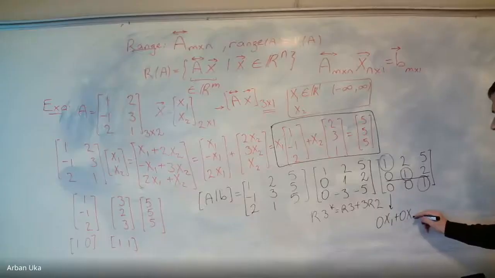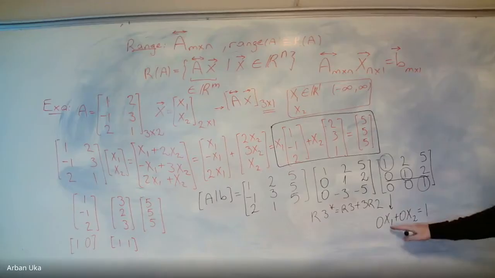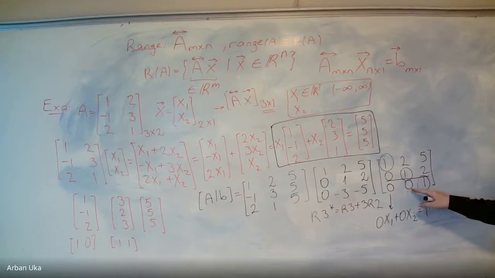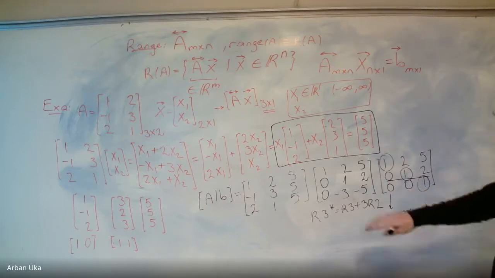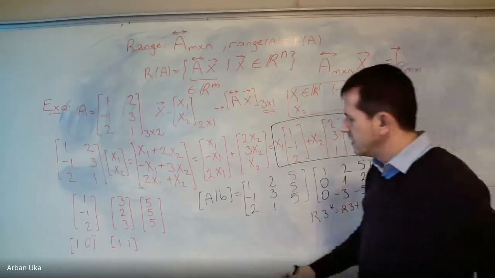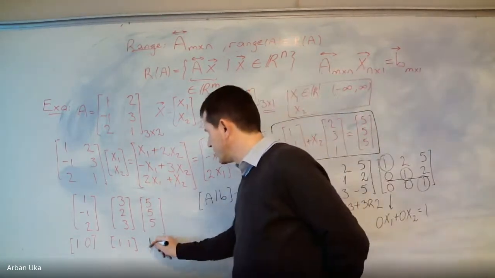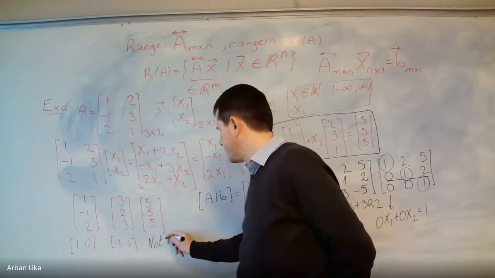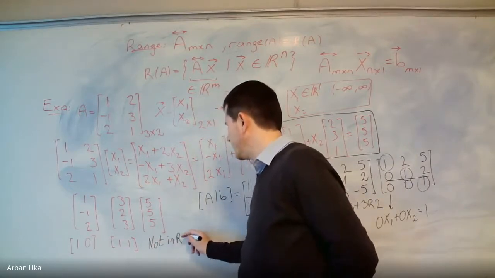It means that there's no solution. Exactly. 0 cannot be equal to 1. Yes, because 0x1 plus 0x2 is equal to 1, which is not possible. So what does this mean? This means that this system has no solution. So 555 is not in the range of A. Let me write here, not in R(A).